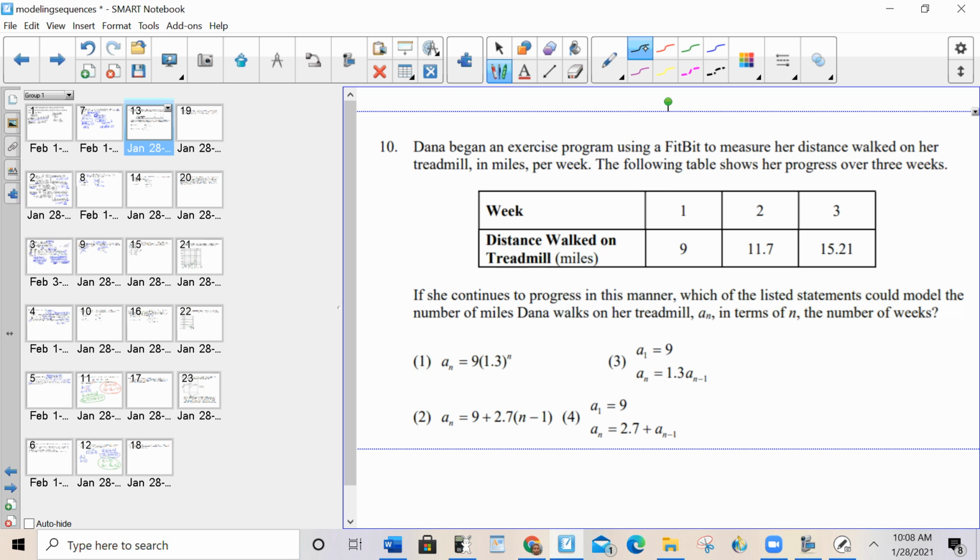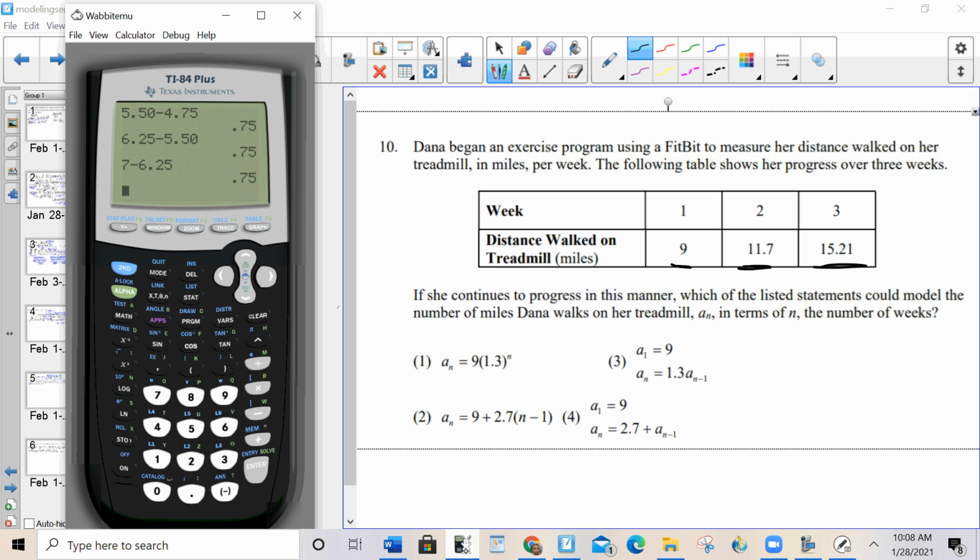Number 10, Dana begins an exercise program. The following table shows her progress. I don't know, looking at it, if it's arithmetic or geometric. So I'm going to subtract, subtract, subtract, divide, divide, divide. 11.7 minus 9, 15.21 minus 11.7.